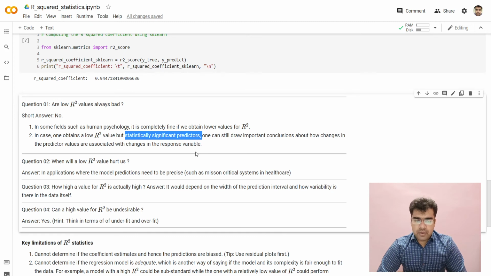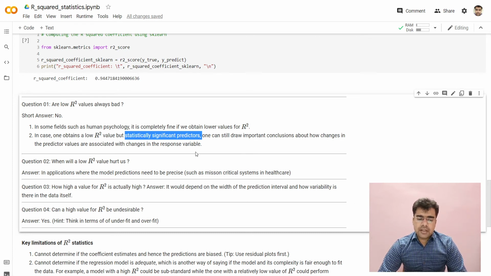In these cases, instead of relying entirely on the R squared value, we also take the values signified by these statistical predictors, and accordingly we make a judgment. This means that R squared is not the only criterion we use to select a model, particularly when that model has very strong statistical predictors.